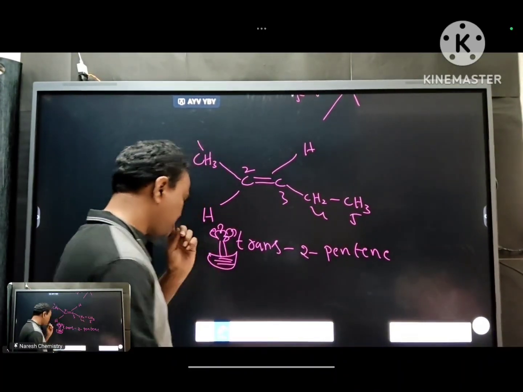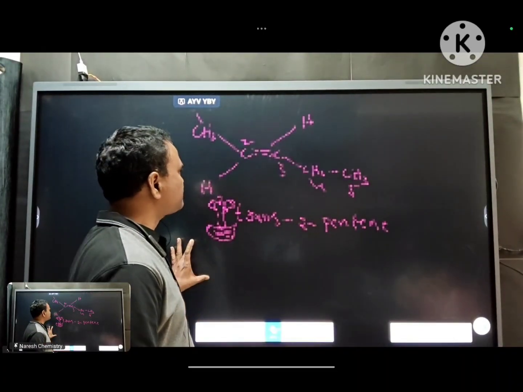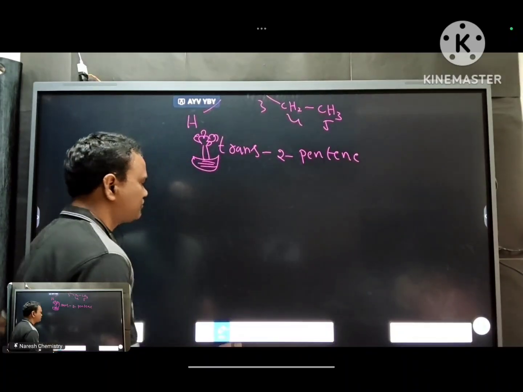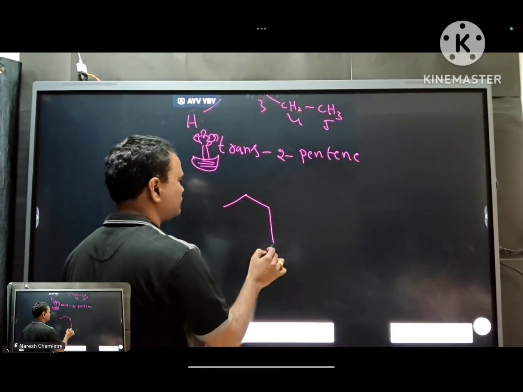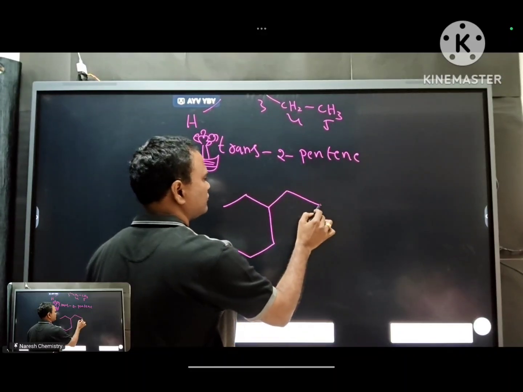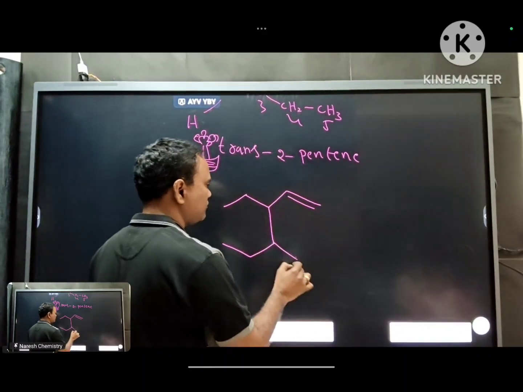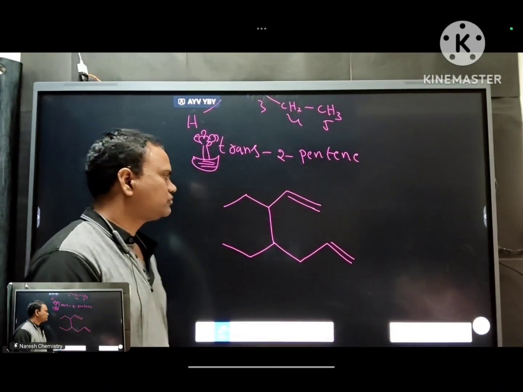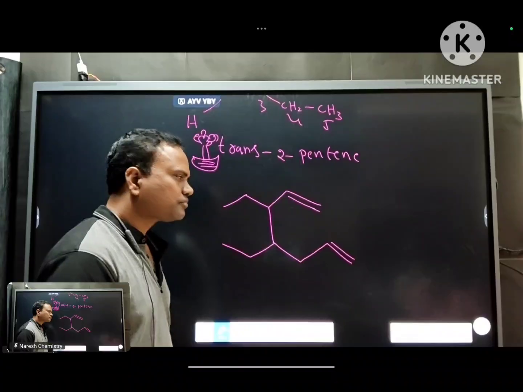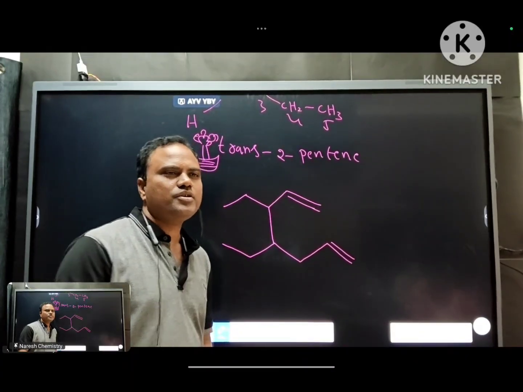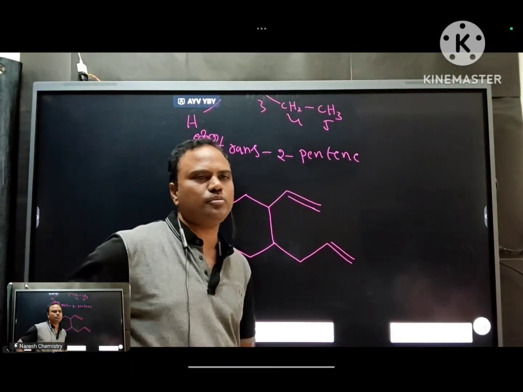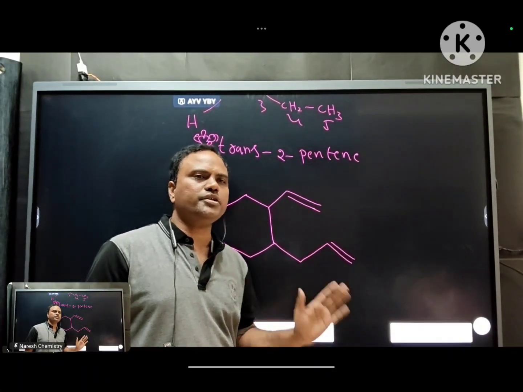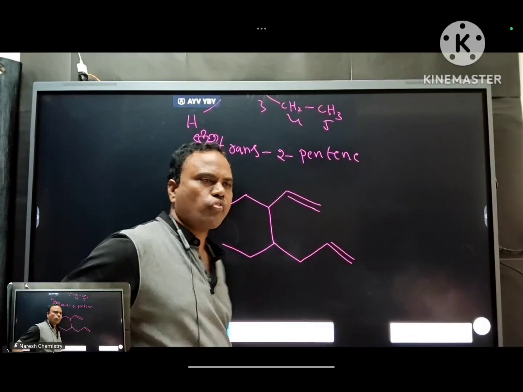Last question for you. First condition: numbering should start from the double bonded carbon, right? And select the chain so that it includes the maximum number of double bonds.